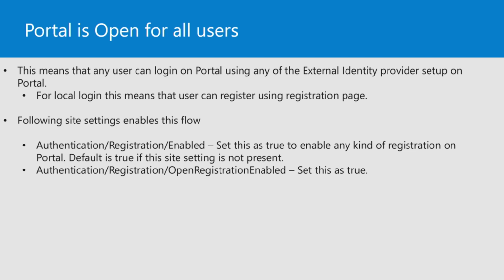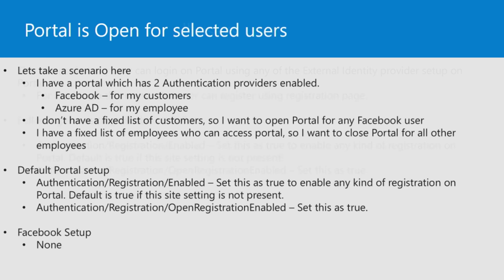That's the registration flow in case of an external IDP. So those settings apply to that as well. It's not just the register option you see on the login page. It's not only related to that, but yes, it affects those as well. So this one we are not going to talk about, because this is straightforward and all portals are set up like this. We're going to take a complex scenario.